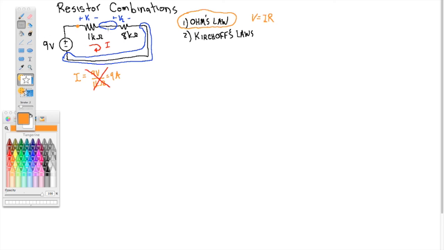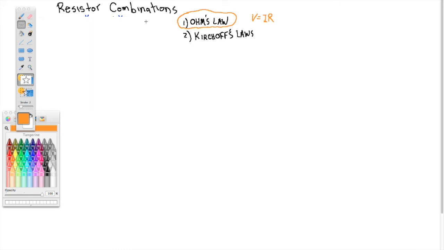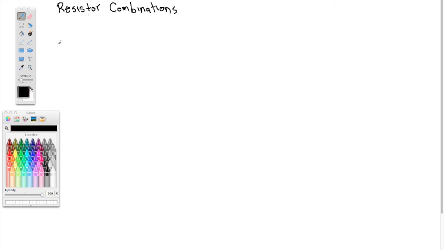Alright, well, again, I'm assuming you know physics, and let me clean this up a little bit. I think what I had there was a 1 kilo ohm resistor and an 8 kilo ohm resistor. So I'm going to assume you've seen a combination like this before.